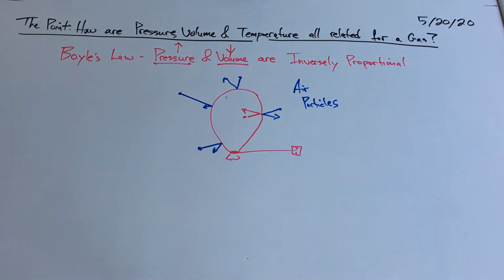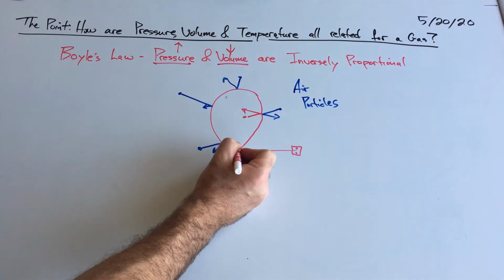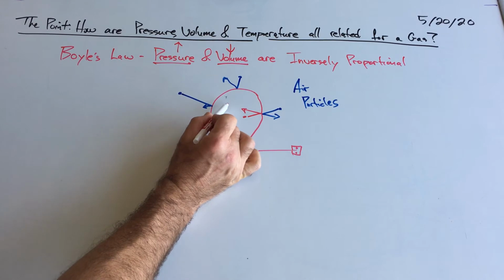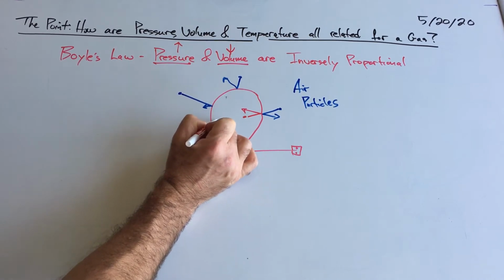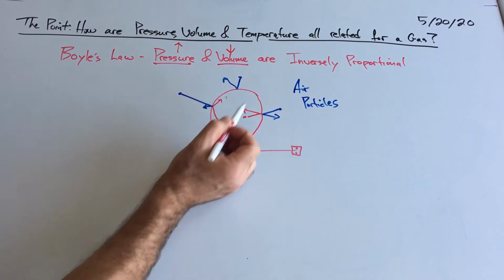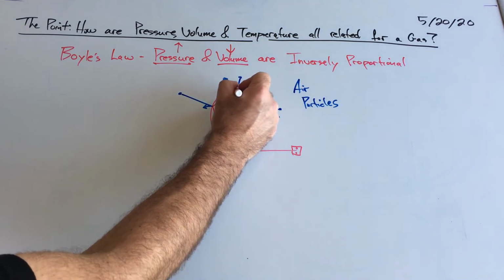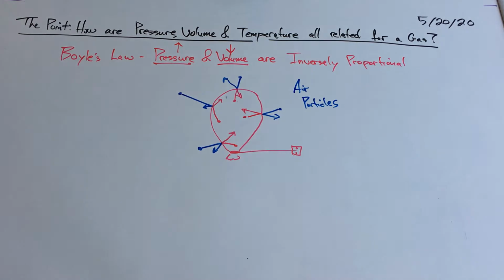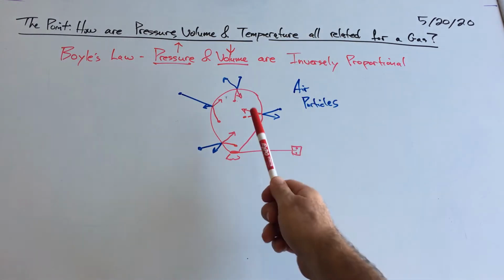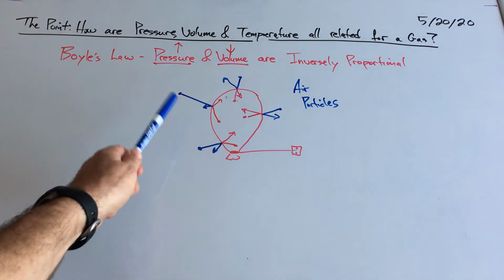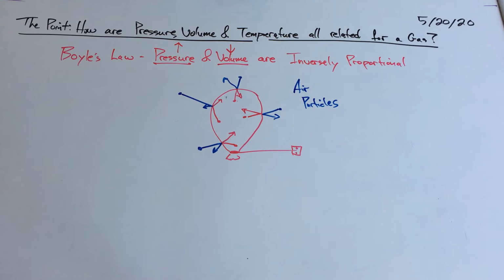And if the balloon is not changing shape, then what we would see is a balance between how much the particles on the inside are banging and how much the particles on the outside are banging. These guys are banging outward as much as these guys are banging inward. Okay, so that's going to be our first state.